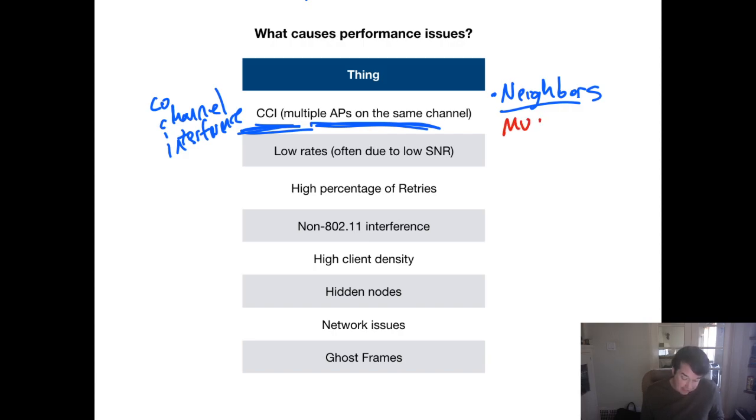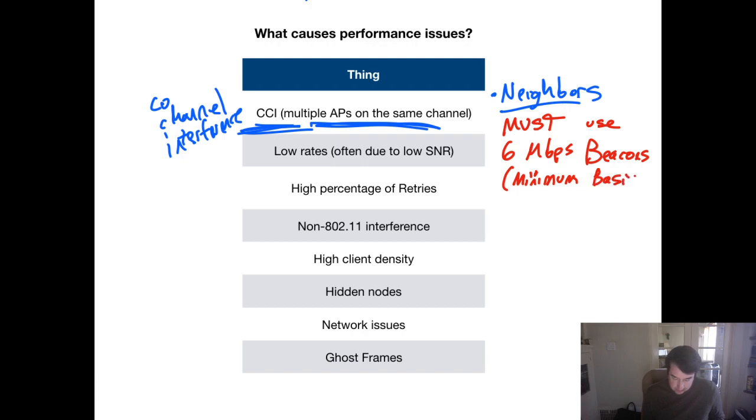We must use 6 megabit per second beacons, what commonly nowadays is called the 6 megabit per second minimum basic rate, or MBR, to accurately gauge CCI.